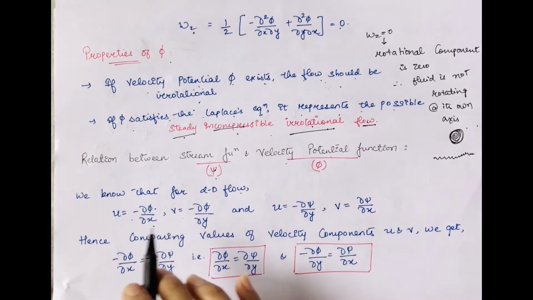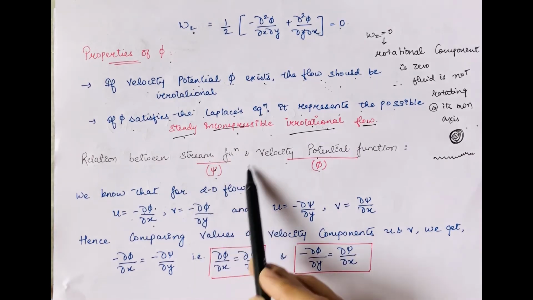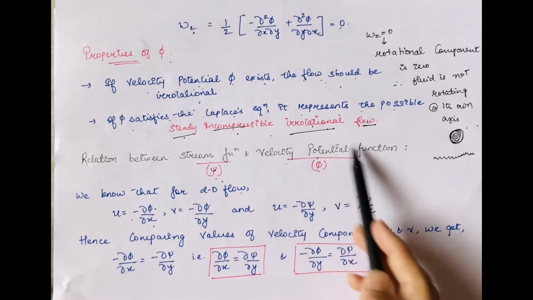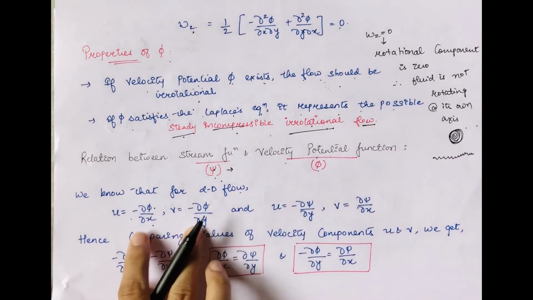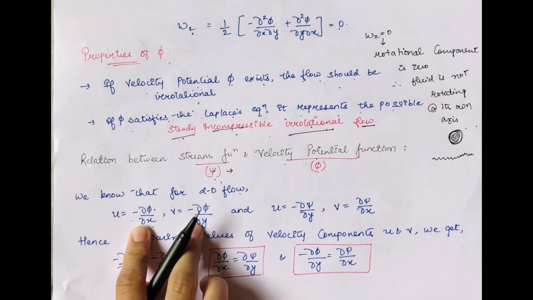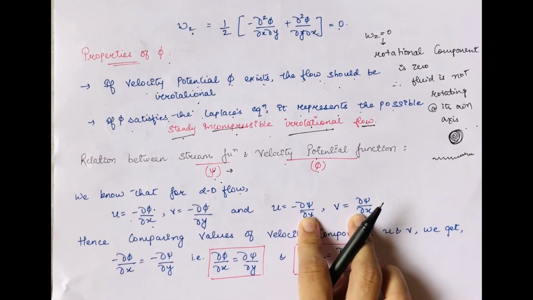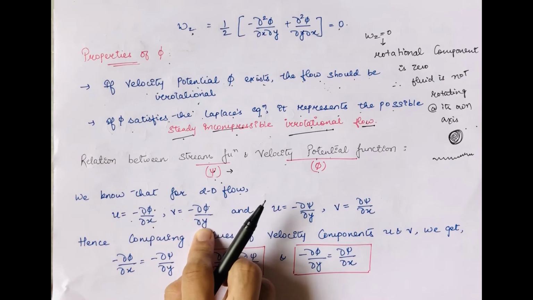Here we are going to compare both functions, but as the stream function is applicable only to 2-dimensional flow, we are also considering velocity potential function for 2D flow. So for 2D flow, we have written the equations for velocity potential function, and we have written the equations for stream function. So u is equal to minus del phi by del x, v is equal to minus del phi by del y.